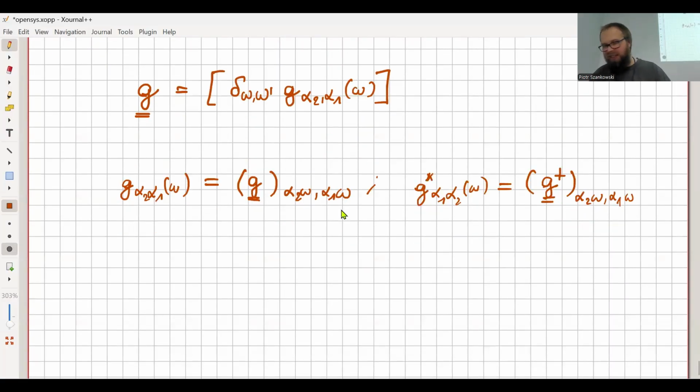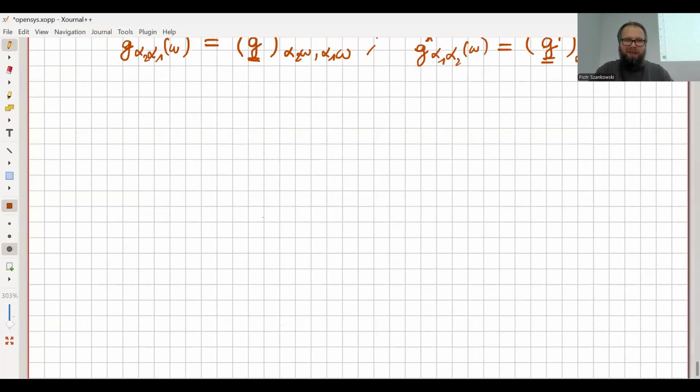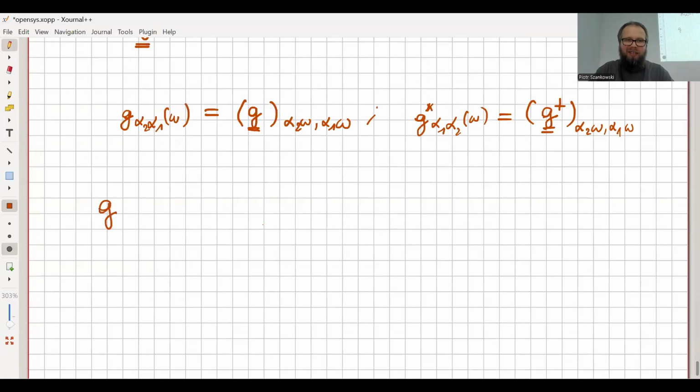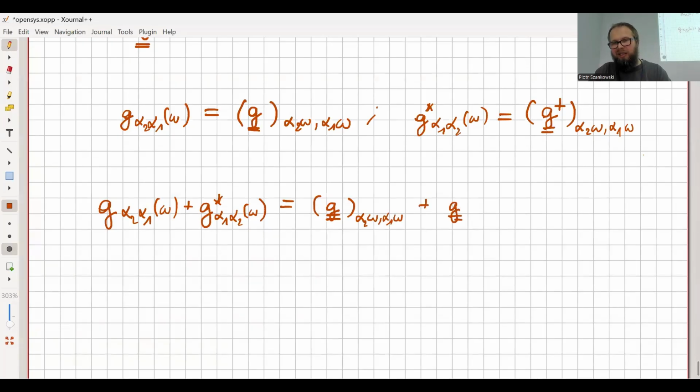But what it means for us now, if we get those two combinations, the difference and the sum: if I take G alpha 2, alpha 1, omega, plus G conjugate alpha 1, alpha 2, omega, using those two relations, then this is nothing else than G alpha 2 omega alpha 1 omega plus G dagger alpha 2 omega alpha 1 omega.